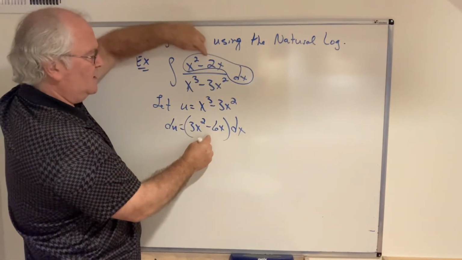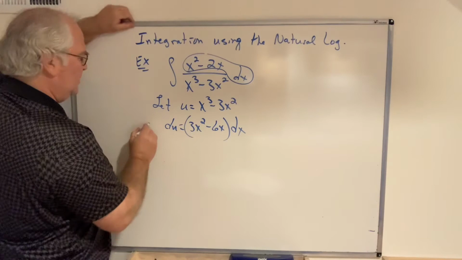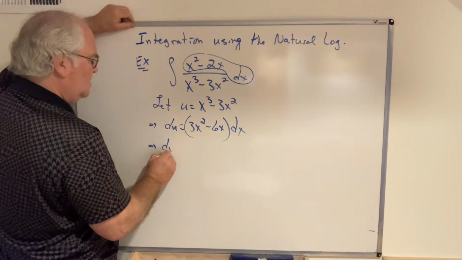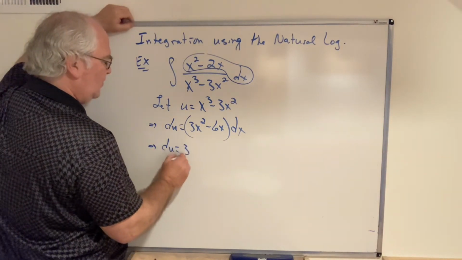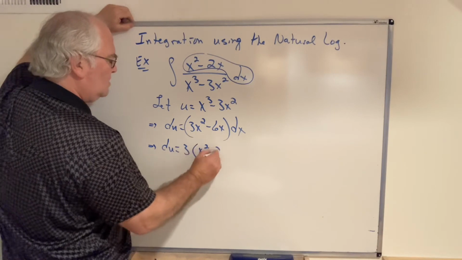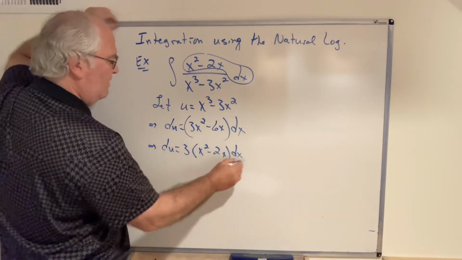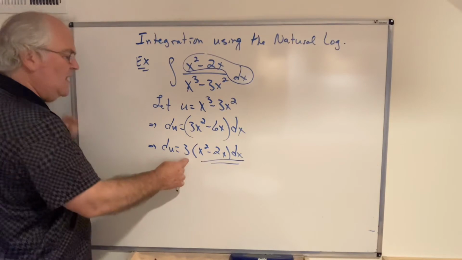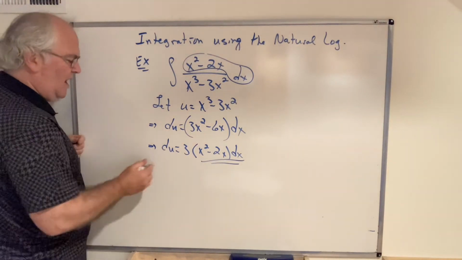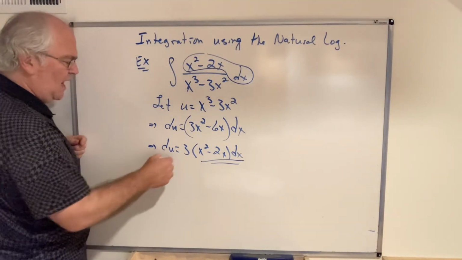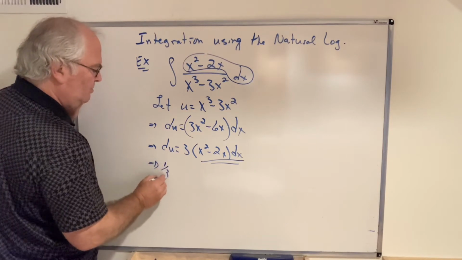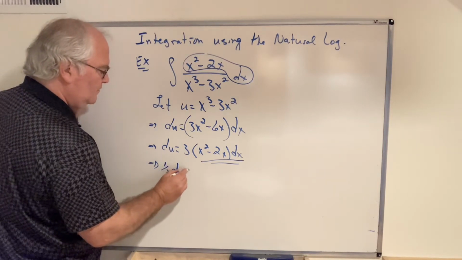Factoring out this 3 is going to get the job done. So du is 3 times x squared minus 2x dx, and that actually is what I want to have. We need to get rid of this 3 multiplier, and we've done this several times by now. This is now multiply both sides by 1/3.